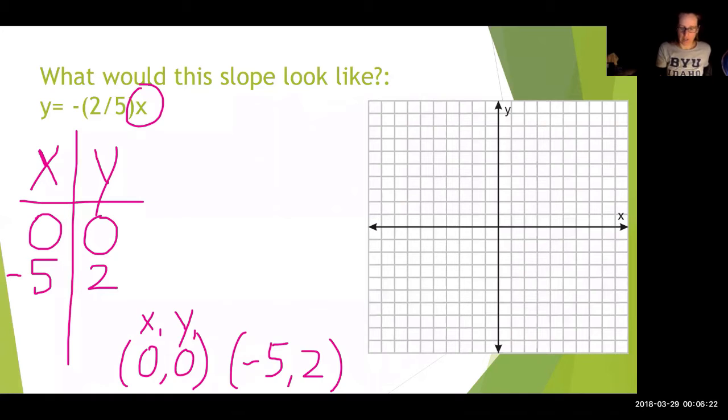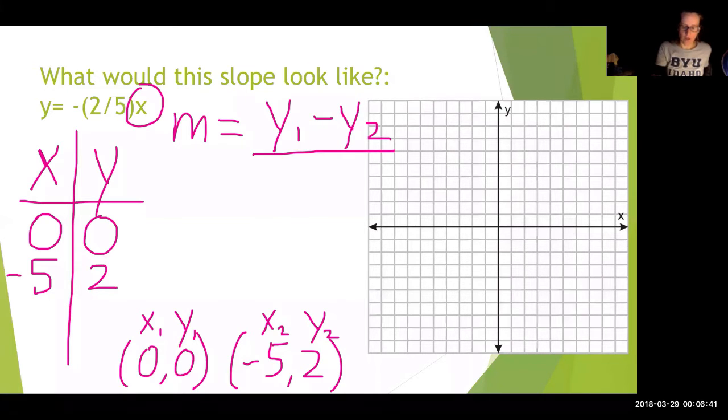Just pick. We just want to make sure that the X1s are correlated with the Y1s, and the X2s are correlated with the Y2s. So then we use our slope formula, which is Y1 minus Y2 over X1 minus X2.